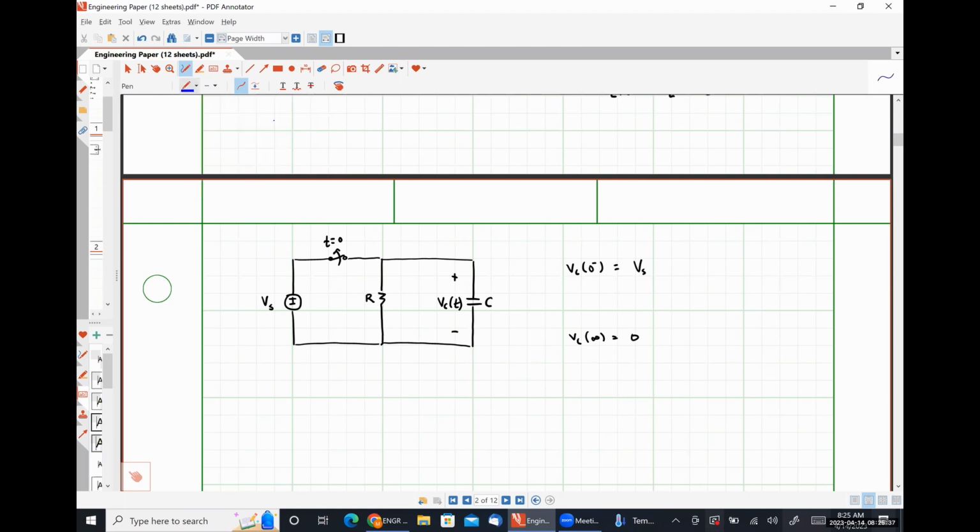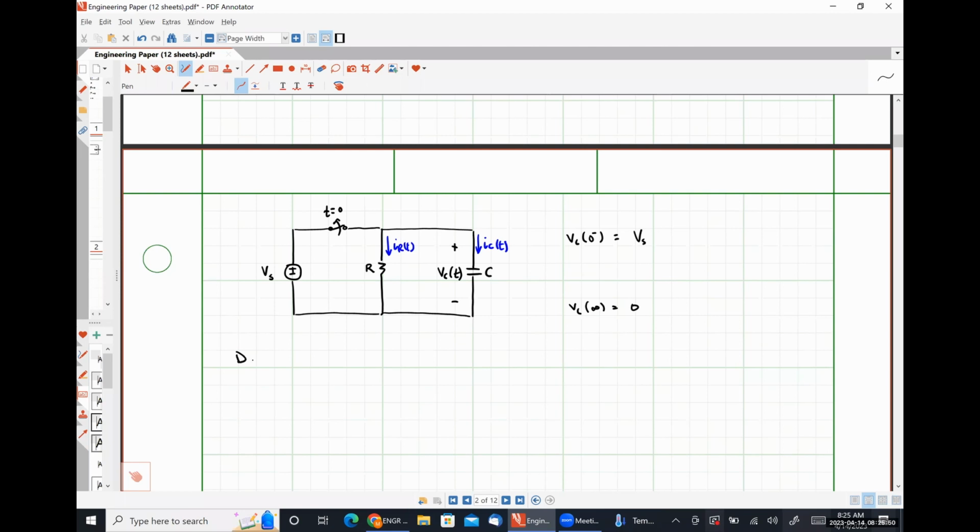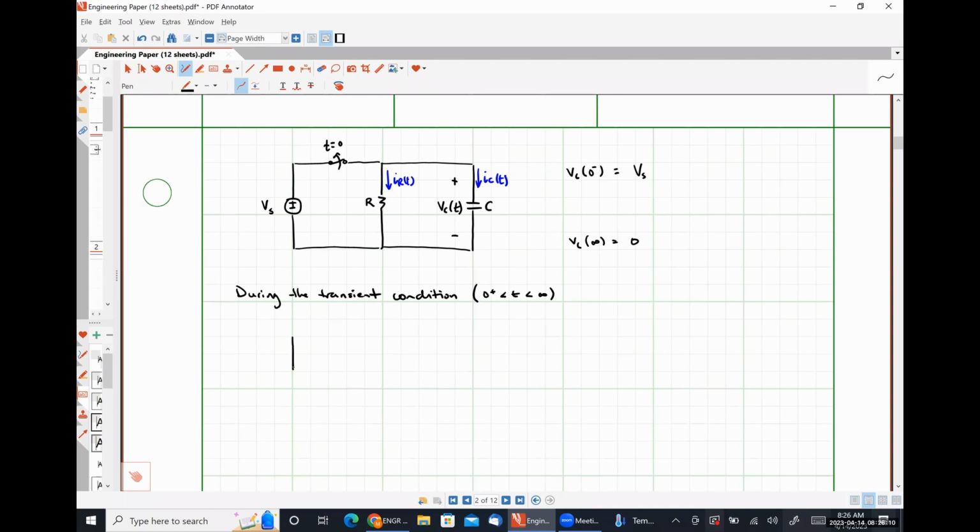So I'm going to call this current IR, and this current IC, so that during the transient condition, for 0 plus less than t less than infinity, our circuit looks like this.